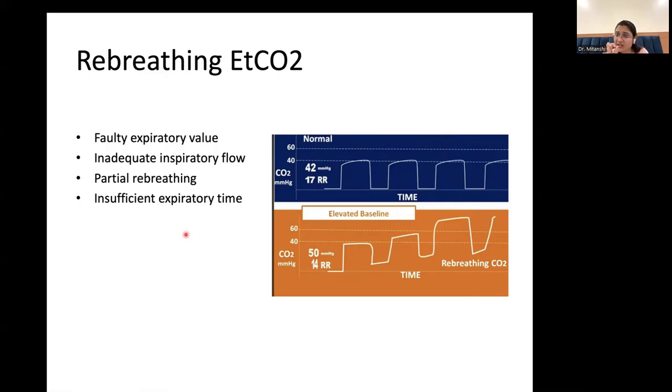It can be a ventilator-related problem, or it can be a faulty expiratory valve, inadequate inspiratory flow, partial rebreathing, insufficient expiratory time. So this is more related to my ventilatory settings. I have to make sure my ventilatory settings are adequate so that I'm washing out CO2 adequately from my patient. Here also my CO2 is increasing.